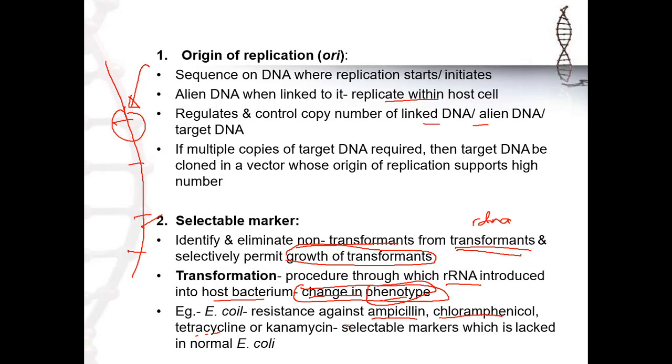Pag kukunin natin yun, so under that particular DNA of that organism, pag kukunin mo yung genes responsible for ampicillin, pag kinuha mo na, yung organism na yun, mamamatay na siya kung mayroong ampicillin kasi kinuha mo na yung traits responsible for resistance of that organism against ampicillin.